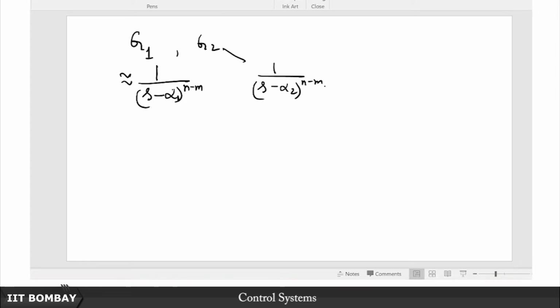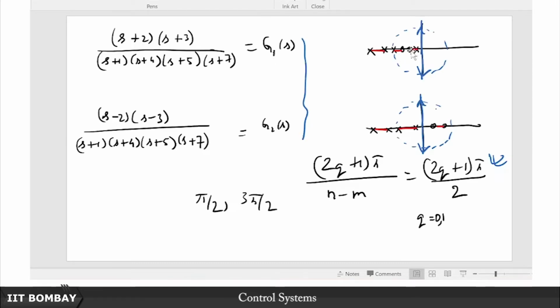Somehow we want to say that this alpha 1 captures some essence of the open loop pole-zero distribution of G1, and this alpha 2 captures some essence of the open loop pole-zero distribution of G2. In that sense, if we want to draw the asymptote for this, instead of starting the asymptote at the origin, we would start the asymptote at alpha 1, and for this system we would start the asymptote at alpha 2. That is our motivation behind trying to figure out where these asymptotes actually intersect the real axis.